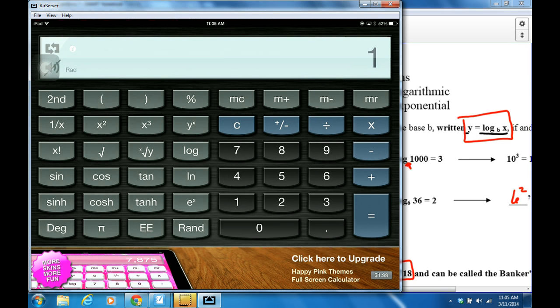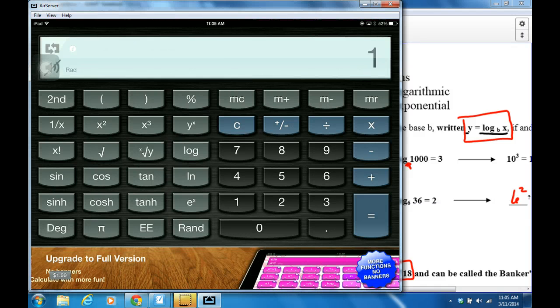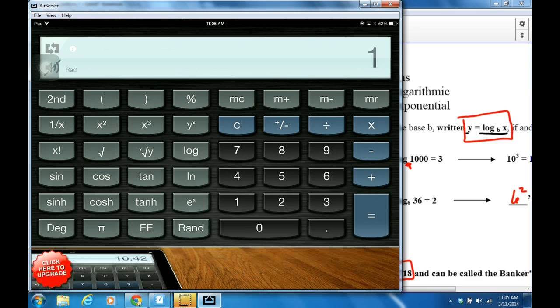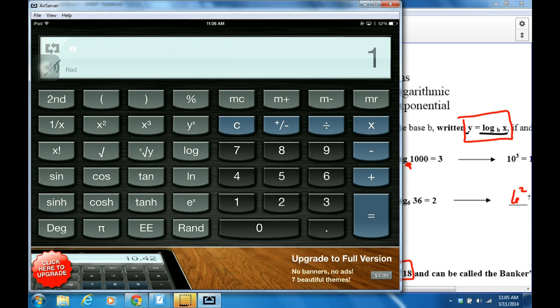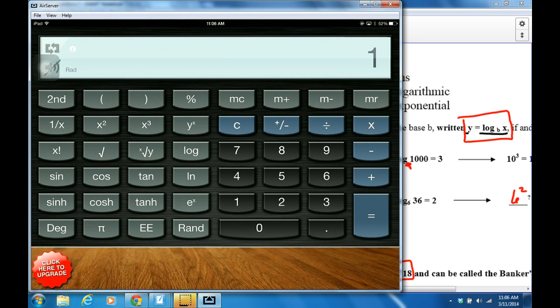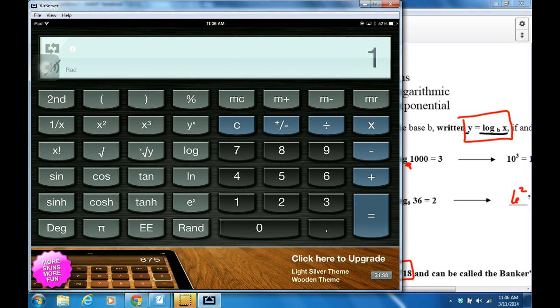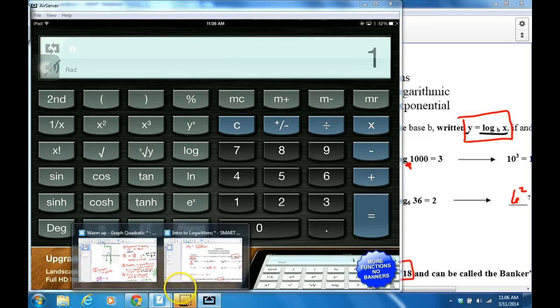So you have to put the number in first and then hit the log button. Okay, so the reason I'm telling you this is because we don't have any scientific calculators available right now. Okay, and this way you guys can use your phones. You can use your CAS for this time, yeah. Okay. All right. So, let's go back to our lesson.